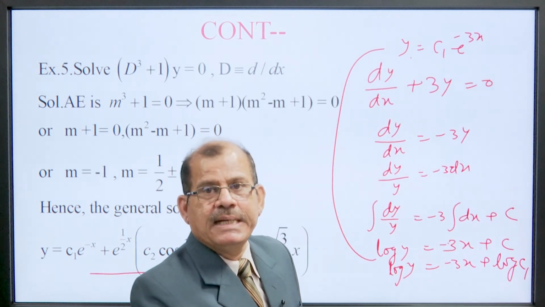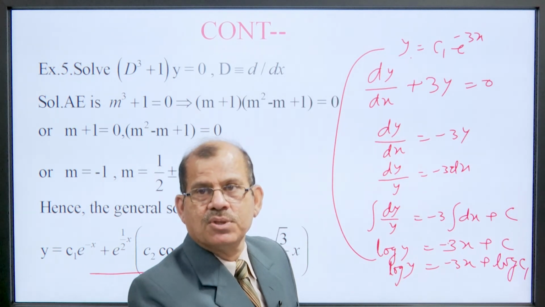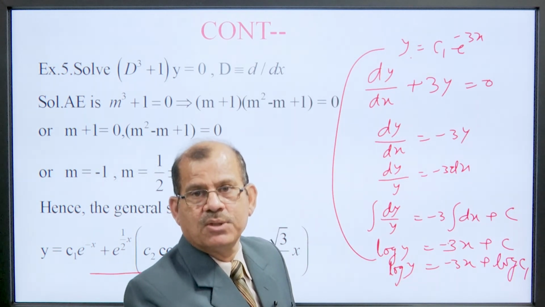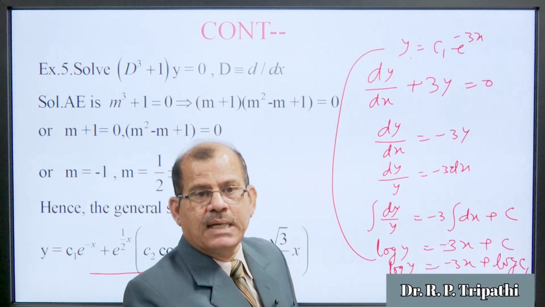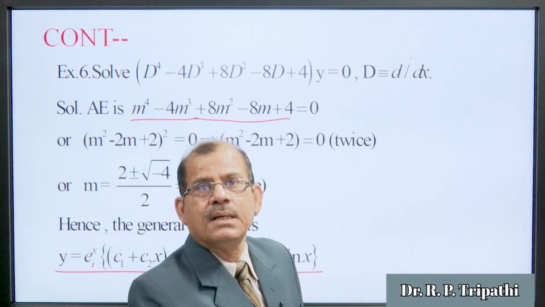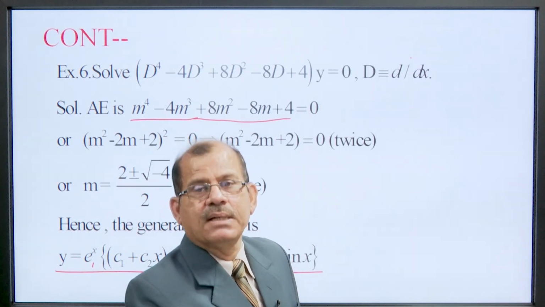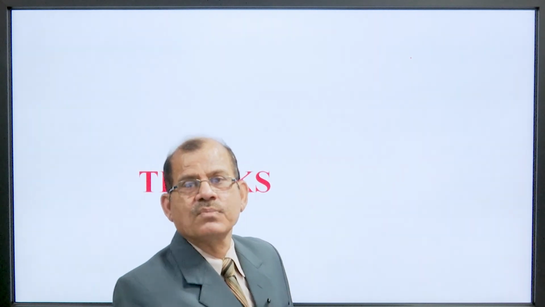We have already explained how dy/dx plus 3y equal to 0 is solved, in exponential form and cosine-sine form. The fourth order case we have already discussed. Thanks.